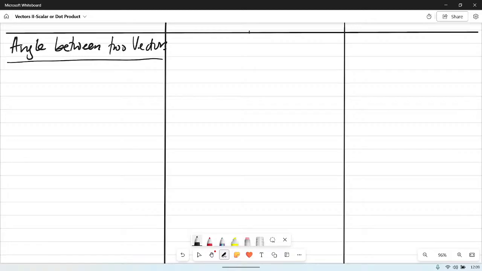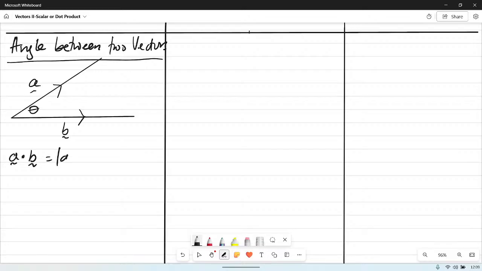If you are given two vectors and they are diverging, there's an angle here, theta. Vector A dot product B equals magnitude of A times magnitude of B cos theta. So if you want to find the angle, just make theta the subject.